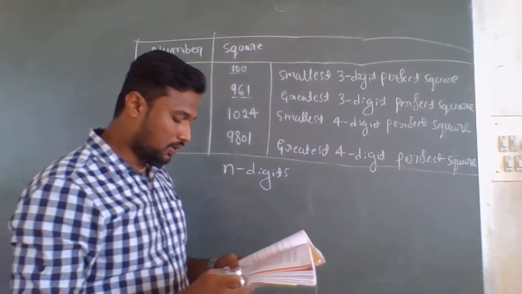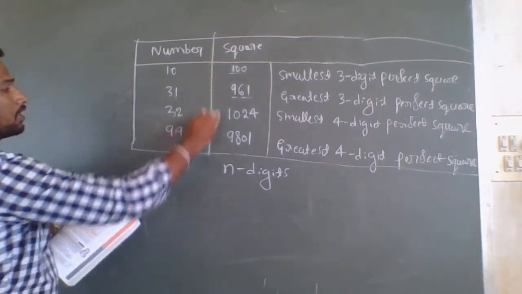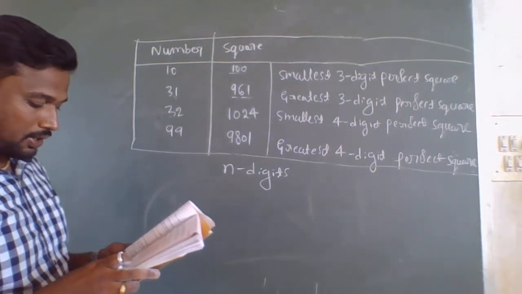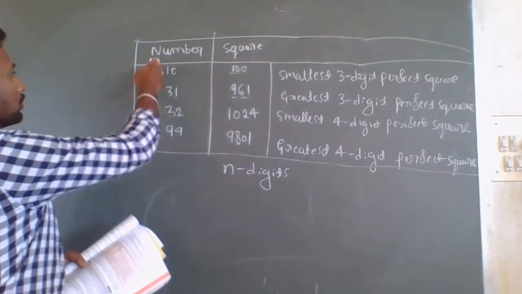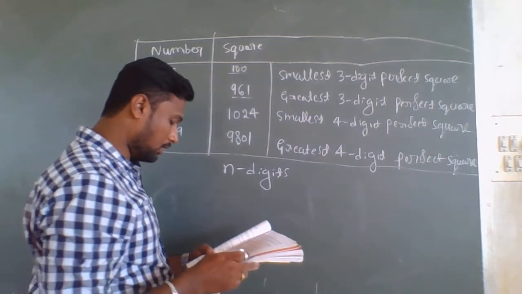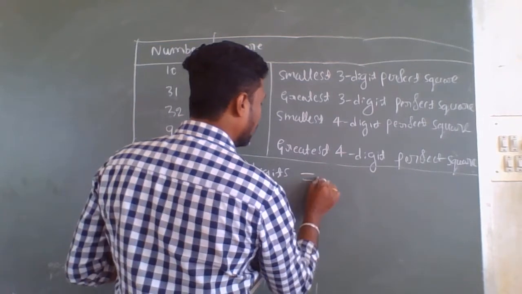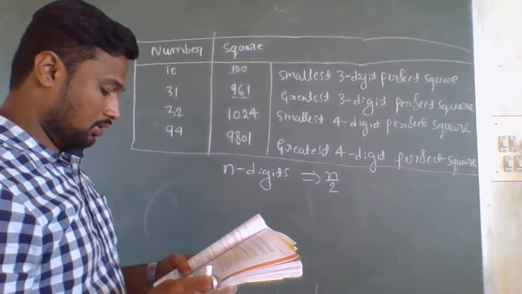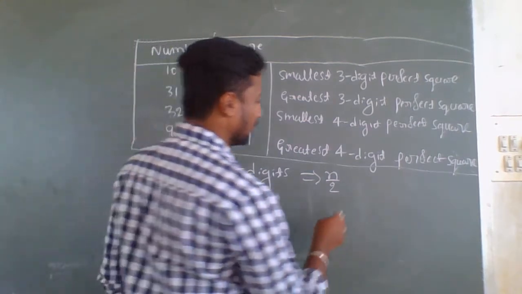So here they have given, if this square number contains n digits, then its square root will have n by 2 digits if n is even.